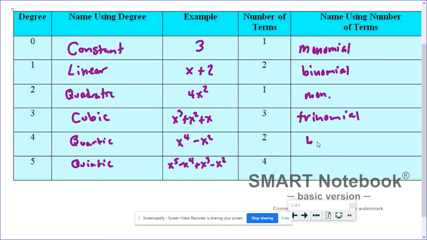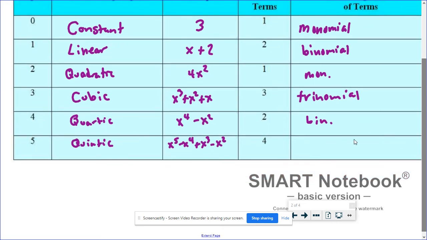Four terms, not a special name for it. These are all, by the way, polynomials. Degrees 1, 2, and 3 have a special name. Degree 4 and up, you would just say it's a polynomial with however many terms. So we'll say with 4 terms.